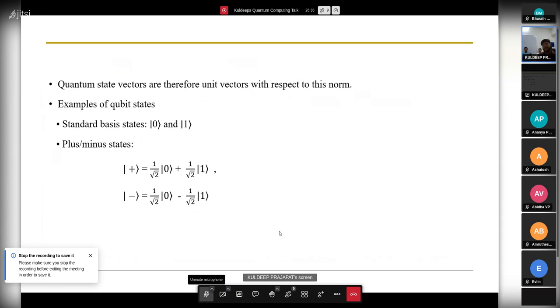Similarly, in quantum mechanics, we call these bits qubits. The standard basis states are 0 and 1. These are examples of qubit states, and this plus and minus is also an example of a qubit.